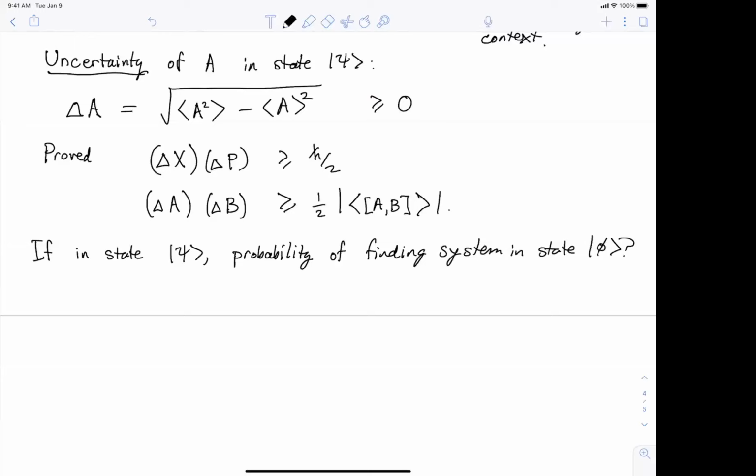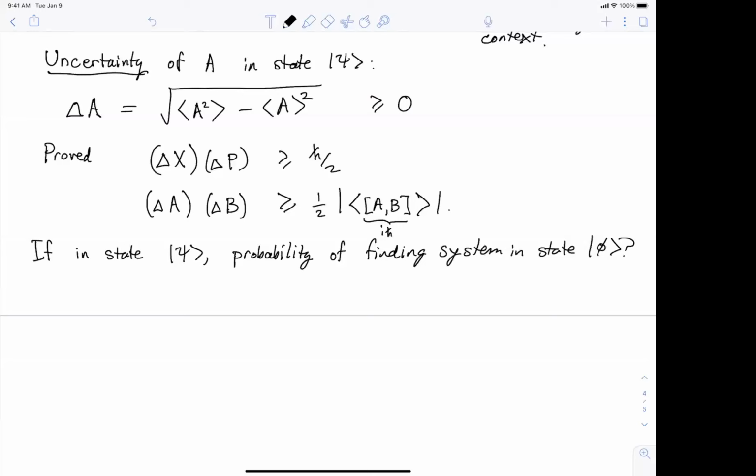It's a generalization of the above statement. So if A was X and B was P, then the commutator of A with B is i h bar. Okay, so the first one is a special case of the second one. Yes, that makes sense now. Thank you.